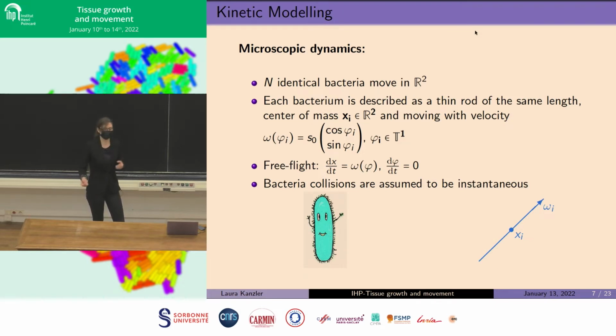If you think, for example, of the gas dynamics in the setting of Boltzmann, it's a hard collision. So they collide, and immediately after they separate with their post-collisional states. Down here on the slide you can see how a bacterium is described: really a thin rod with its center of mass, moving in its direction.